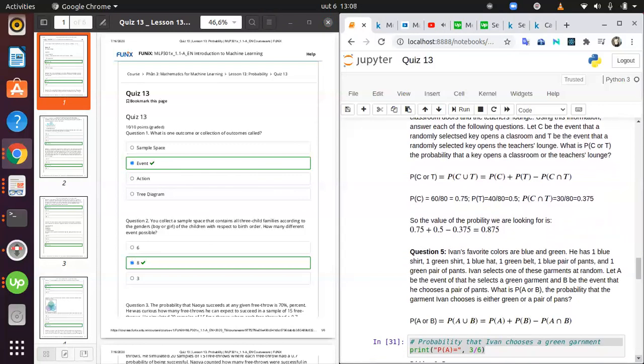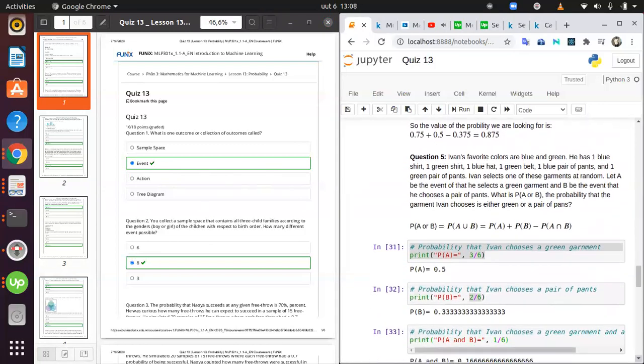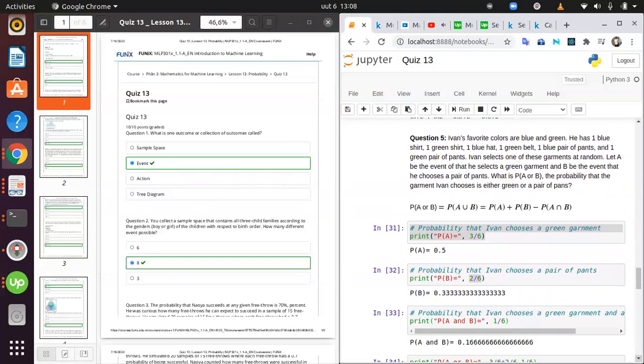Yeah, question 5. He has one blue shirt and one green shirt, one blue hat, one green belt, one blue pair of pants, one green pair of pants.